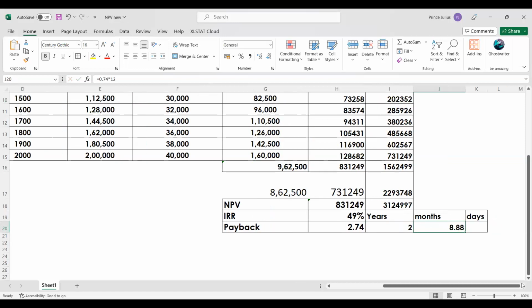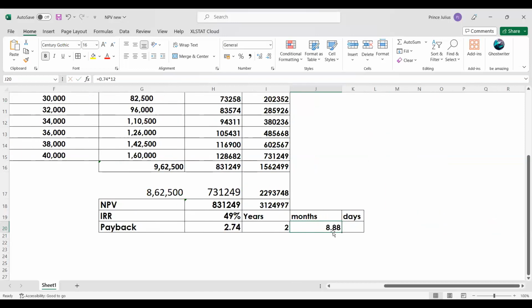So this is how months can be calculated. In that 8.88 months, just take the value of months as 8. And from this value, take the decimal value, that is 0.88. You have to convert it to days. So 0.88 from the months into days. How many days in a month? 30 days. Let us take 30 days.